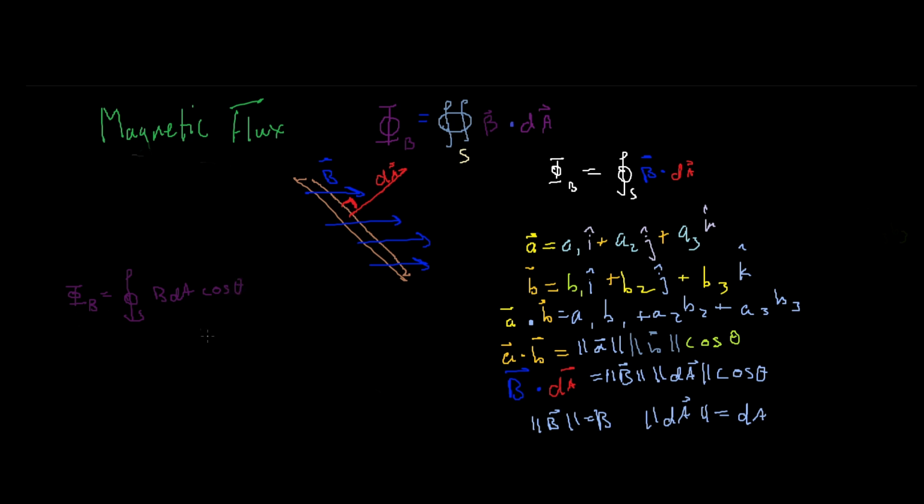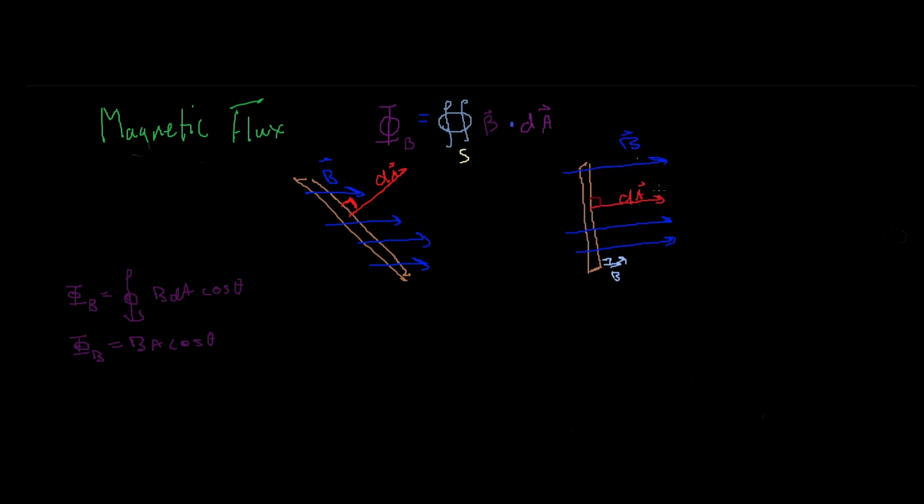The integral cancels the differential, so the flux is the magnitude of the magnetic field times the area of the surface times the cosine of the angle between them. There we have, just using algebra, the definition of the magnetic flux. Just multiply all these things you know of the problem.